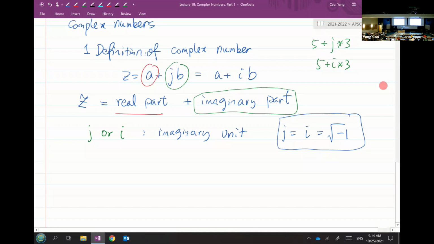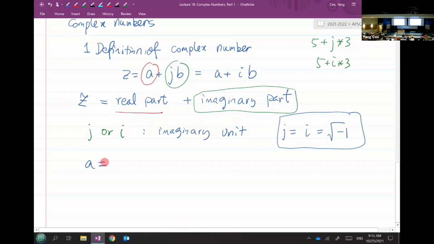Now we have to accept that the number underneath the square root can be a negative number, and that will turn it into a complex number. For now, I want you to accept it first. We'll look at some applications of complex numbers next.